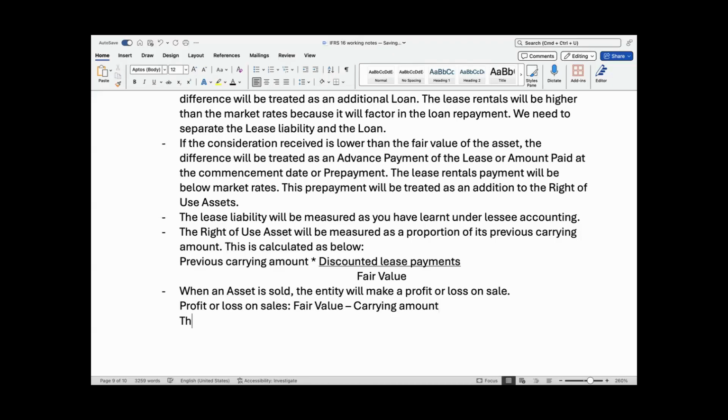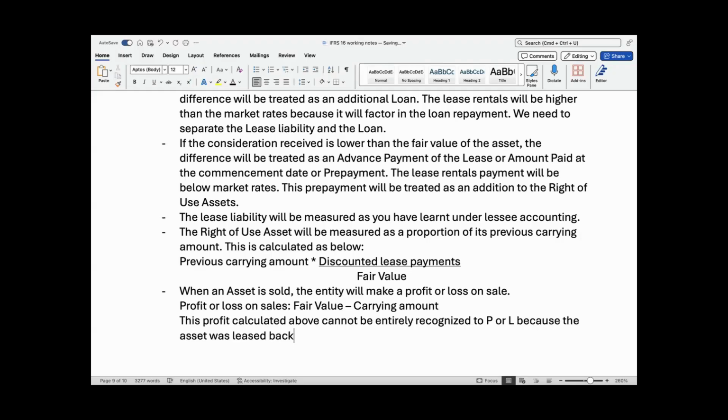However, this profit calculated above cannot be entirely recognized to profit or loss because the asset was leased back.